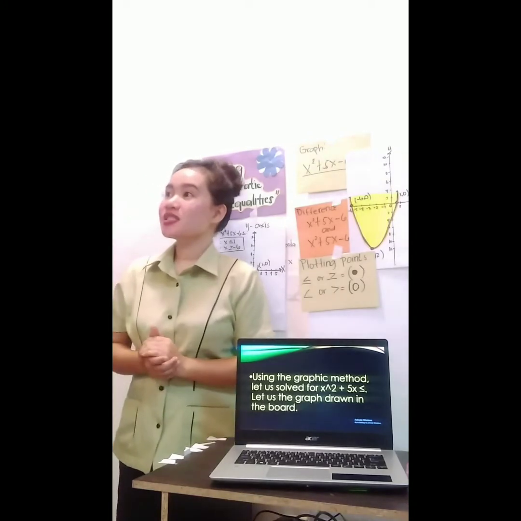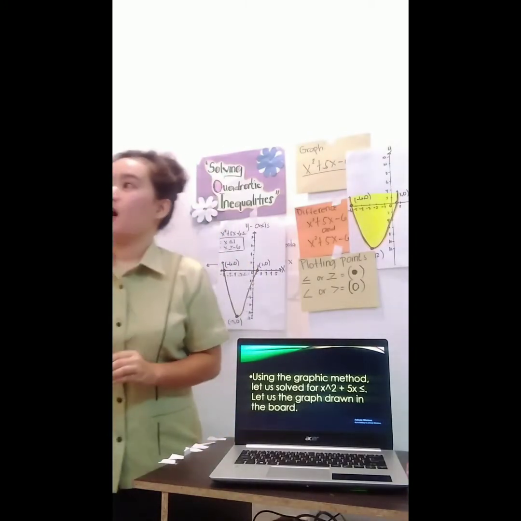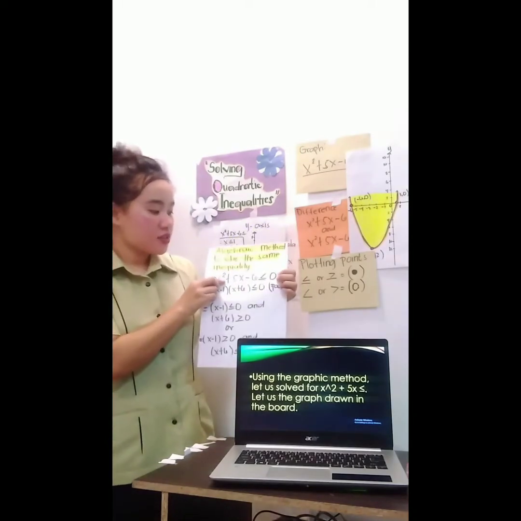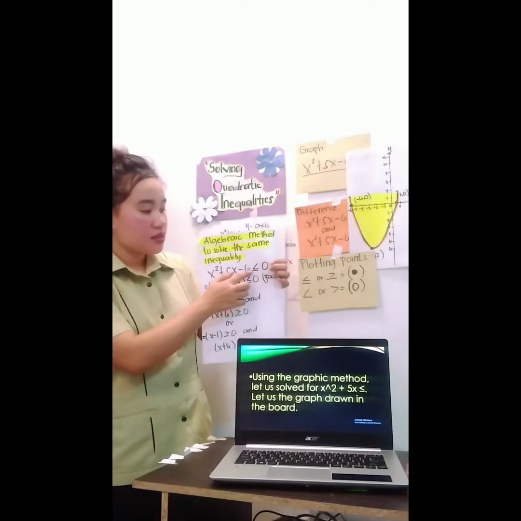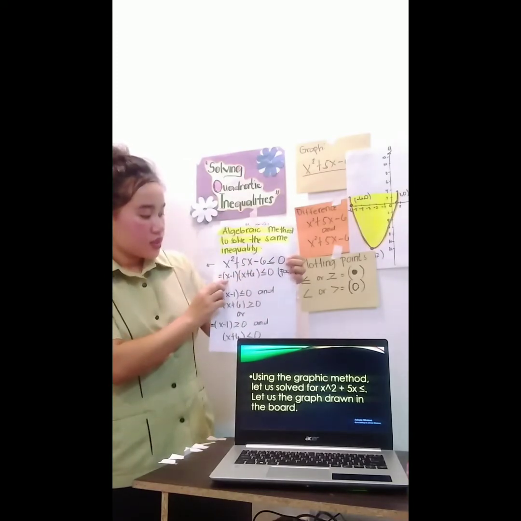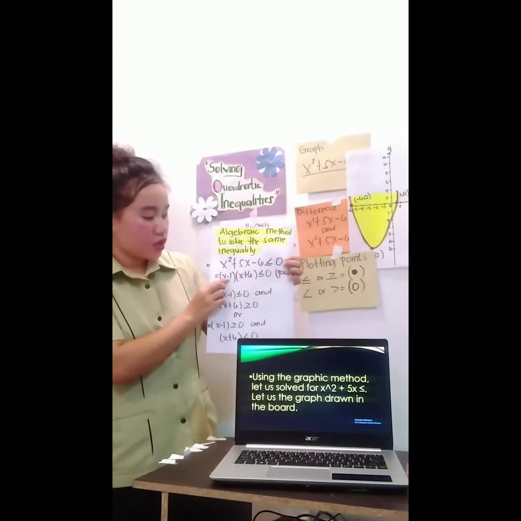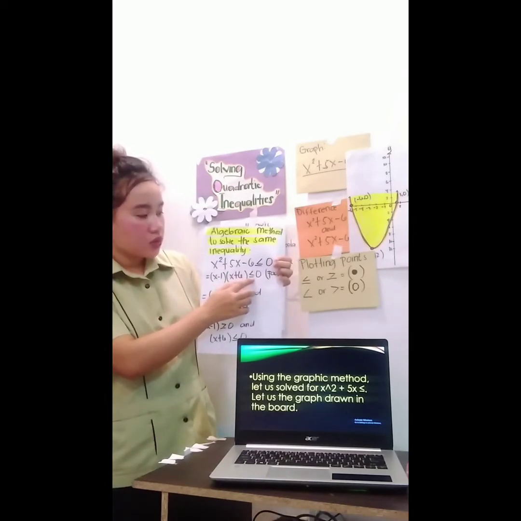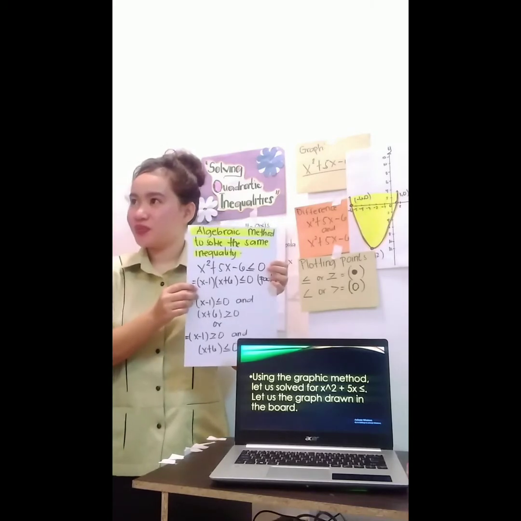Now, let us use the algebraic method to solve the same inequality. x squared plus 5x minus 6 less than or equal to 0. So, this is our factor. x minus 1, x plus 6 less than or equal to 0.